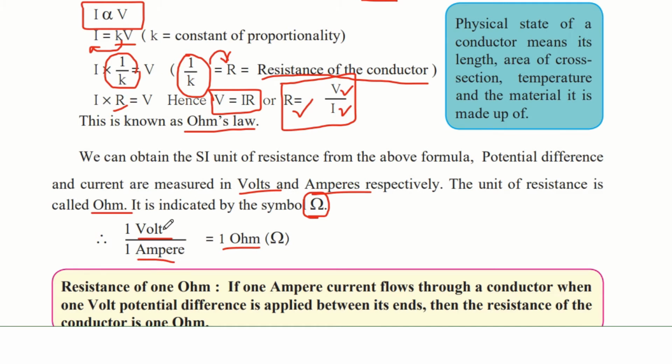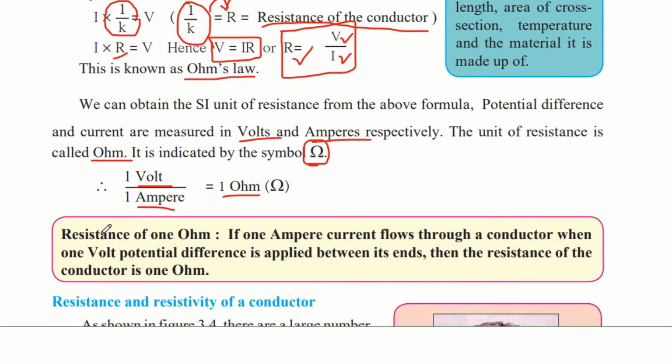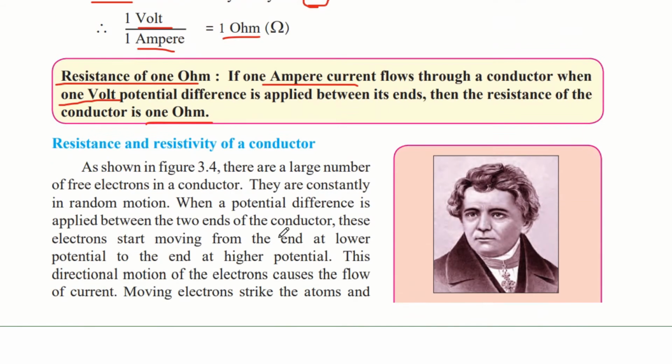And resistance is ohm. So we know that the resistance is 1 ohm if 1 ampere of current flows through the conductor when 1 volt potential difference is applied between its ends. So 1 ohm would be equal to 1 volt upon 1 ampere.